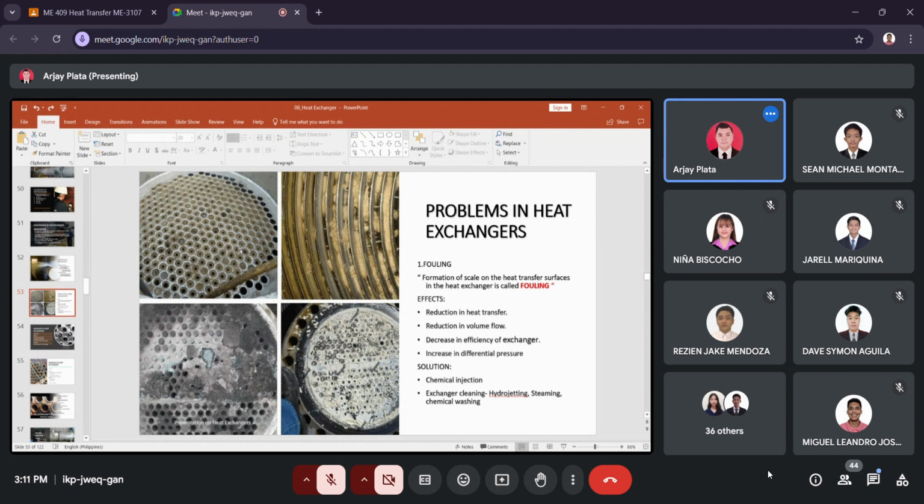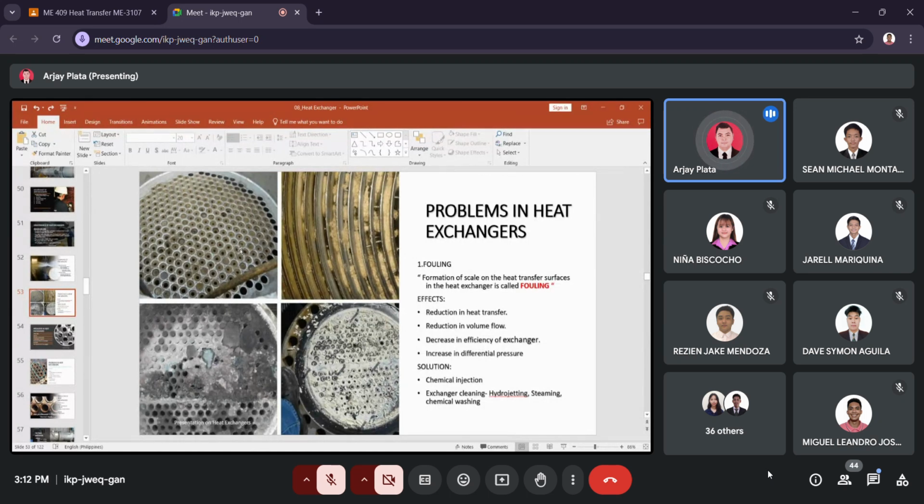If the rate of heat transfer is reduced, the efficiency of the heat exchanger is also reduced, thus increasing the differential pressure. The solution is to use chemical injection and exchanger cleaning or hydrojetting, steaming or chemical washing. But the best solution here is prevention.